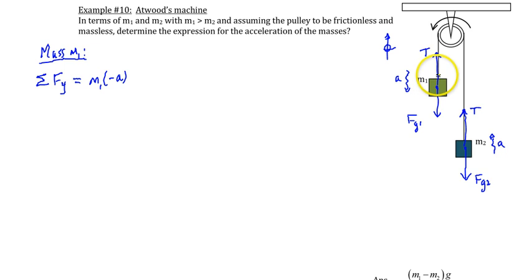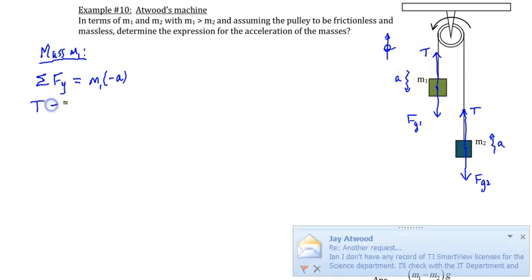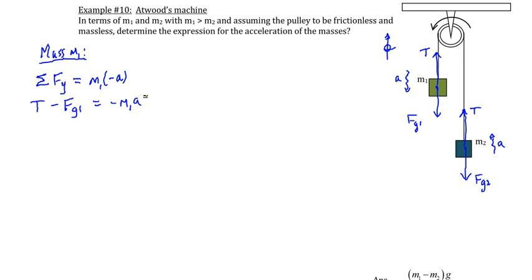Forces that are resulting in this net force of negative ma are the tension up and the force of gravity down. So over here we have T minus Fg1 equals negative m1a. You can replace the weight with m1g: T minus m1g equals negative m1a.